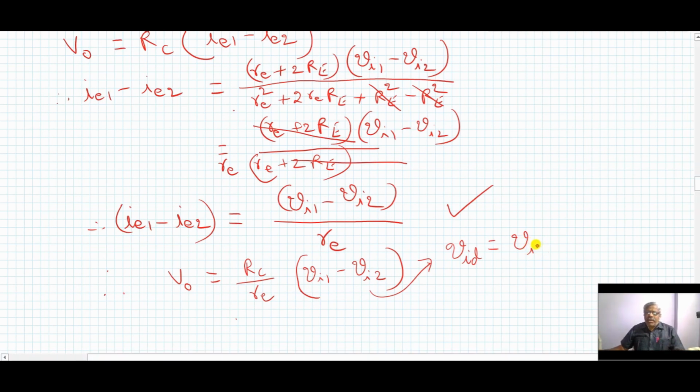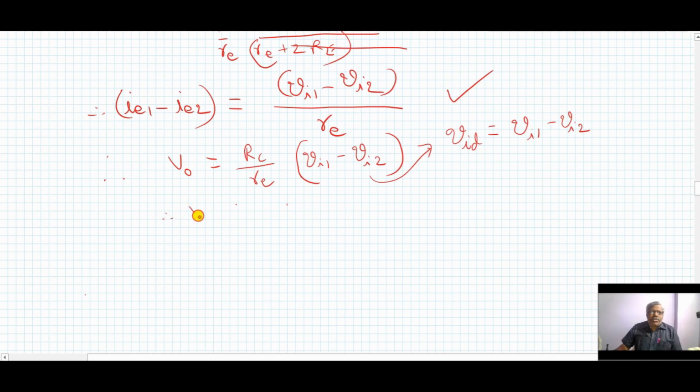VID is represented with VI1 minus VI2. So therefore our V0 is equal to RC by small re into VID. This is the expression for output voltage.